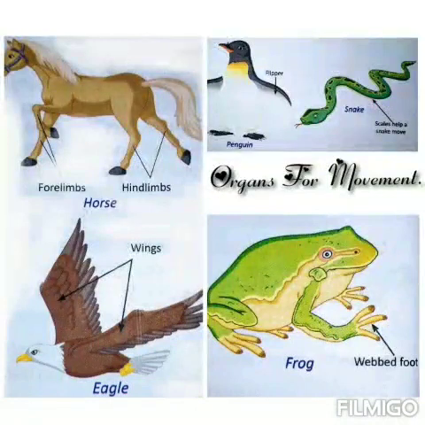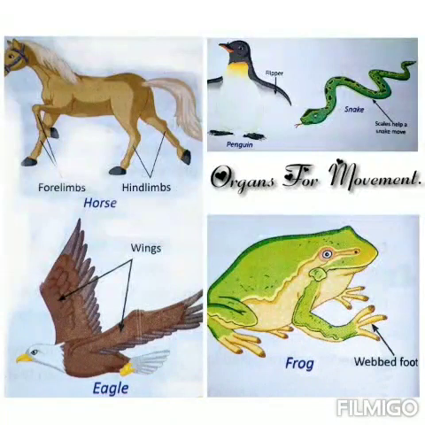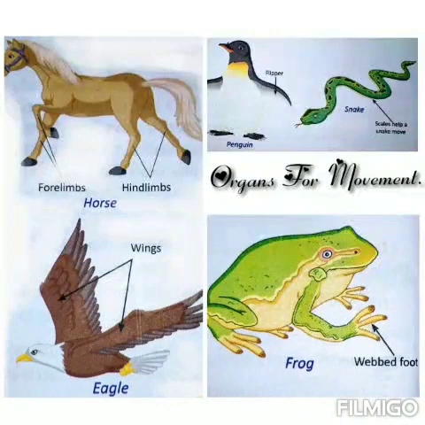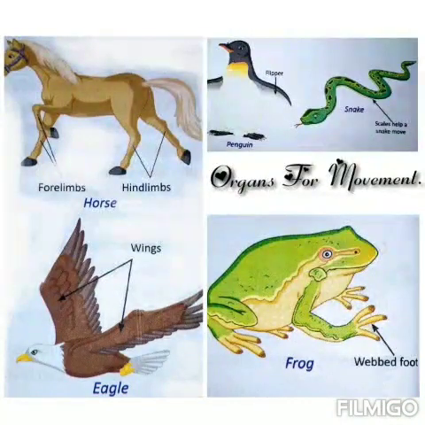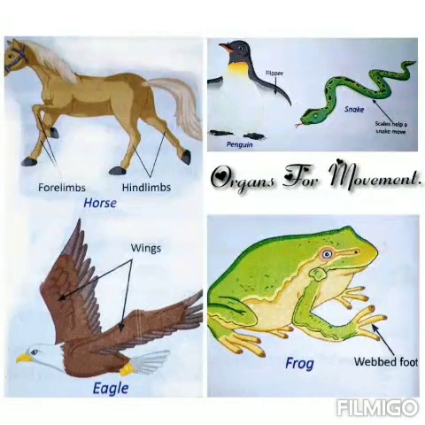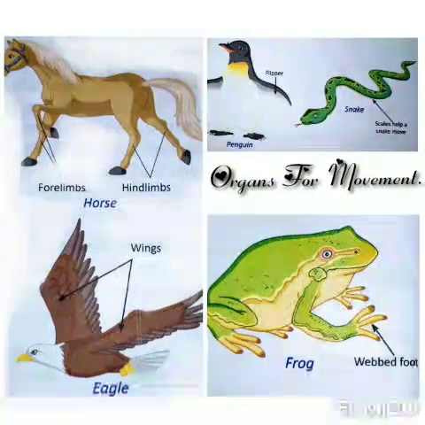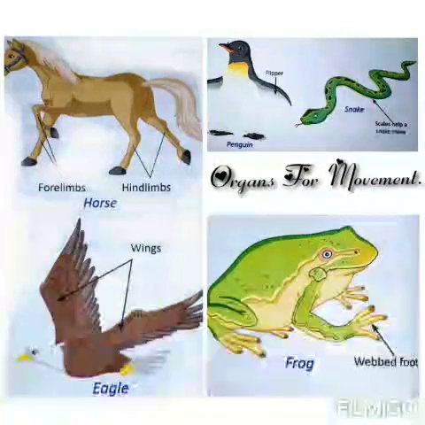A limb means leg. The two front limbs are called forelimbs and the back limbs are called hind limbs.